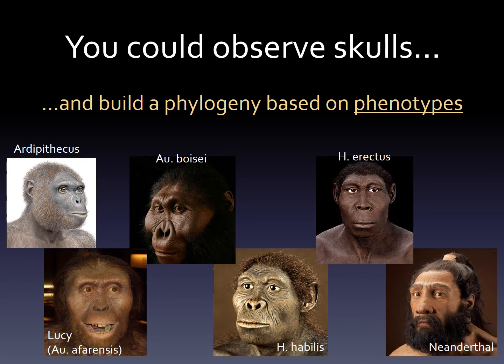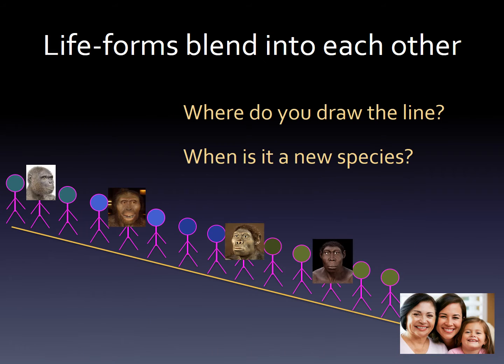These terms I'm using interchangeably, based on the phenotypic or the physical characteristics we observe in these skulls. So here are their pictures on our human family tree. If we're thinking about our thought experiment, these life forms, more ancient ones, tend to blend into the more recent ancestors. But where do you draw the line? When is it a new species?